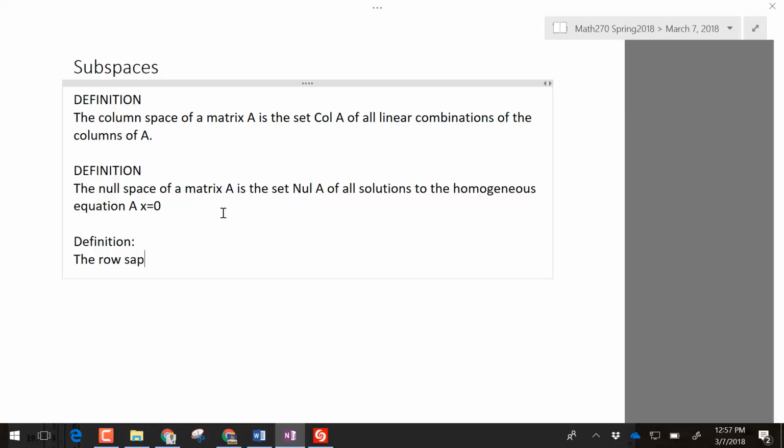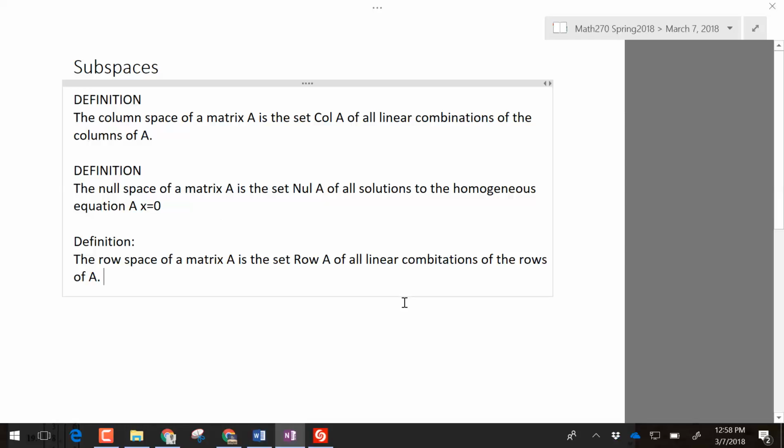The row space of a matrix A, row A, is the set of all linear combinations of the rows of A, just like the column space.